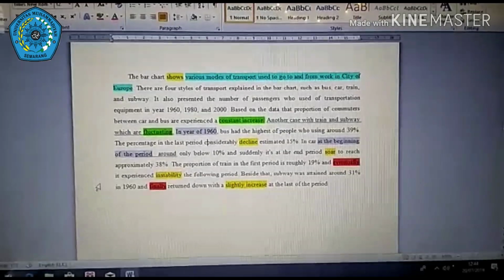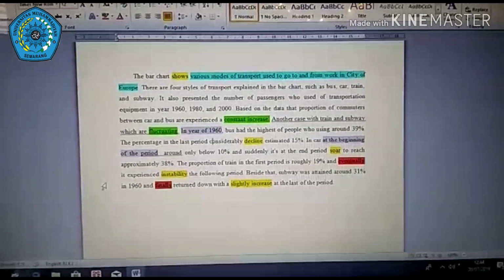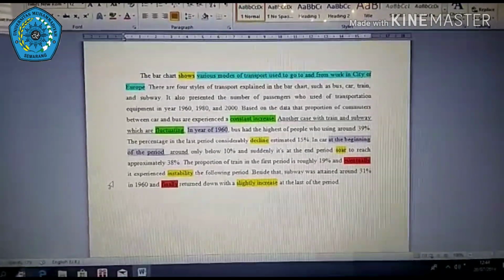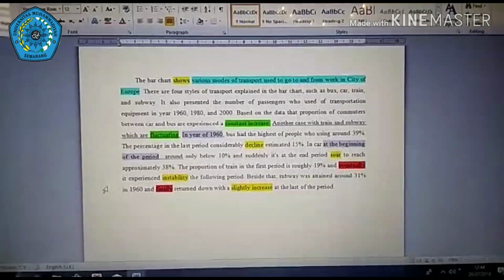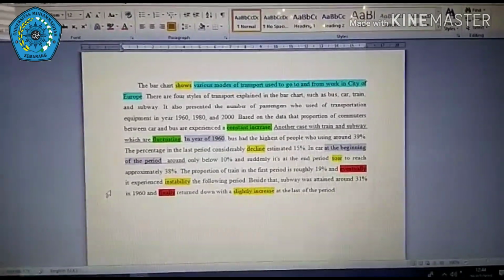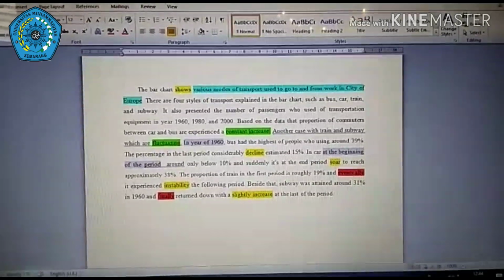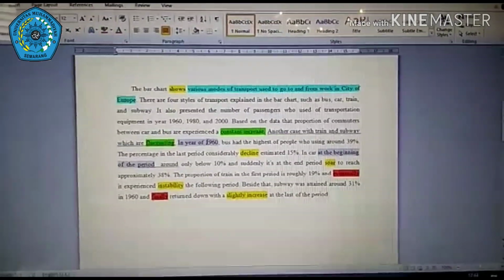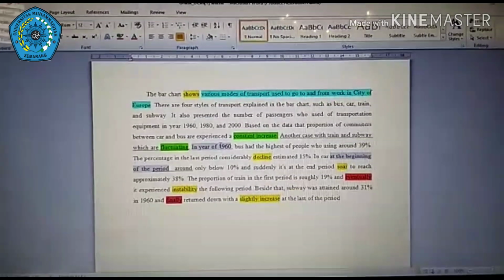To provide detailed information, there are things that must be considered. First, the starting point. In the example above, the starting point of the data is in the year of 1960, like I colored in gray.